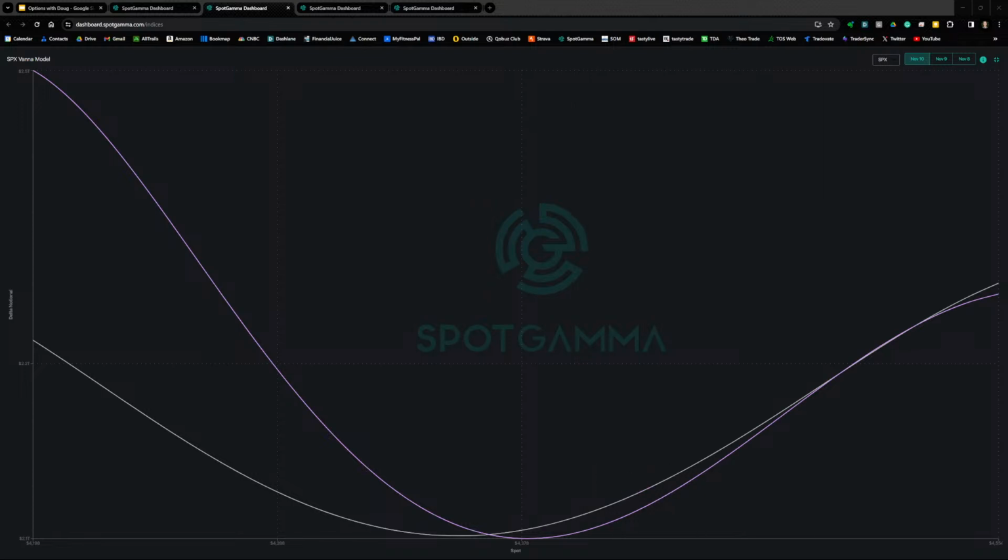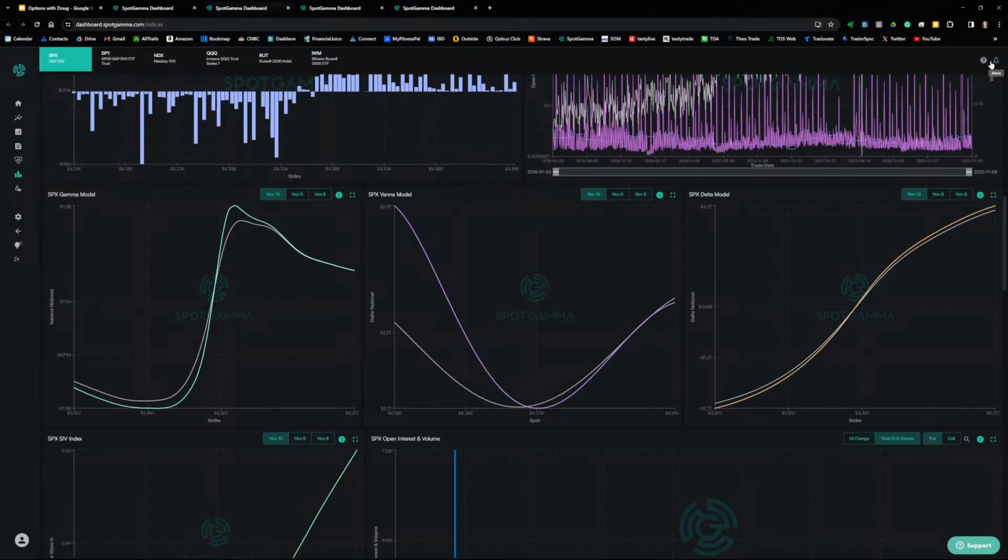So today SPX has been trading really in this range of the bottom Vanna model, from having a slight, very slight tailwind to a headwind. So at least according to the SPX Vanna model, very little potential for a put Vanna rally. Now that may not necessarily be the case, but that is what the Vanna model is showing. All right, let's take a look at SPY.